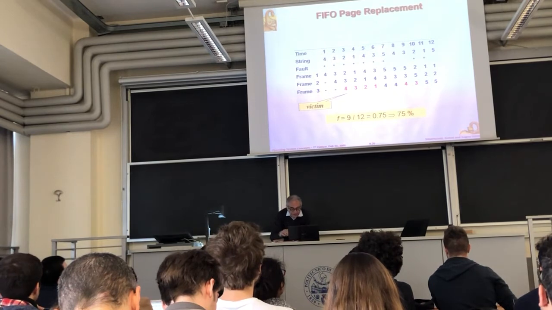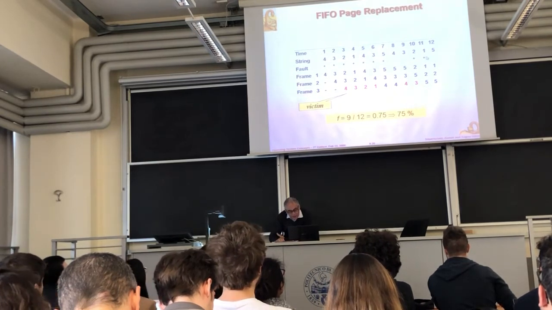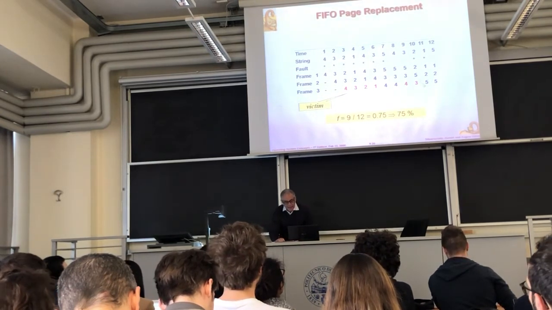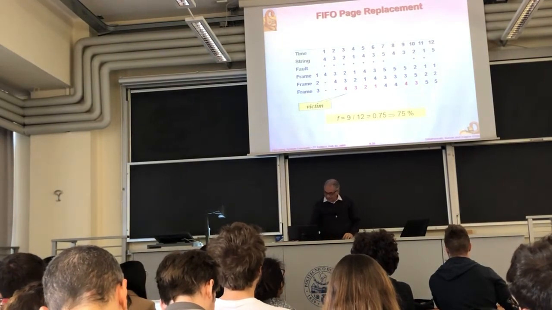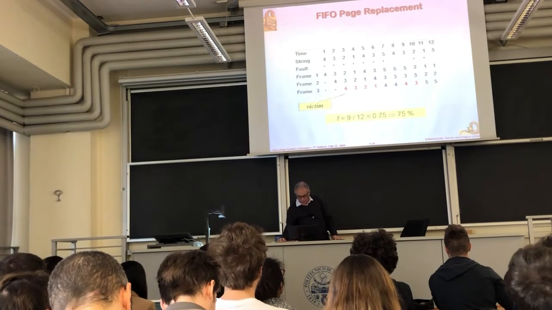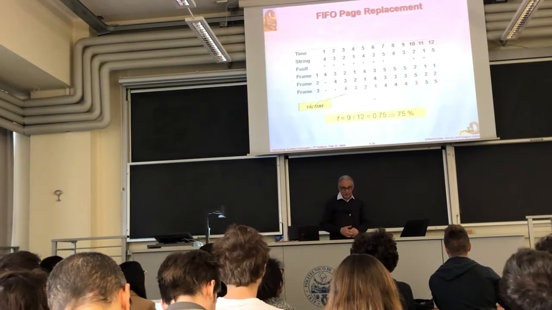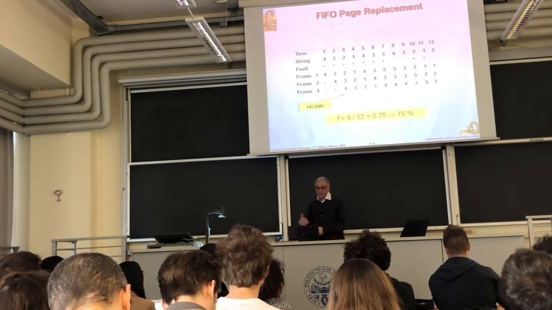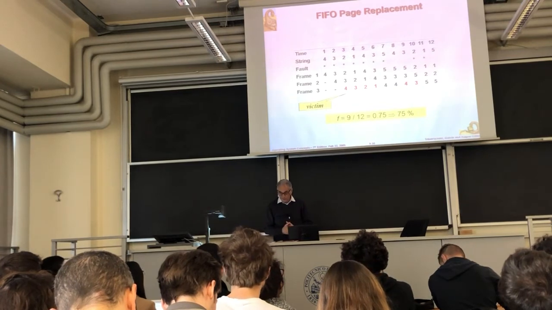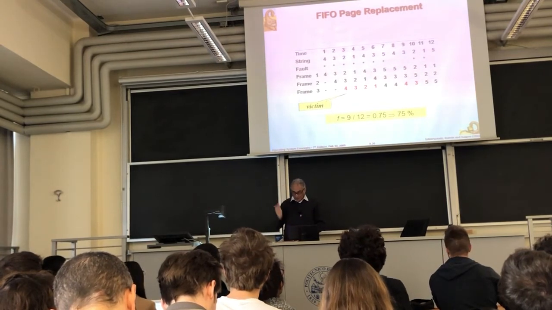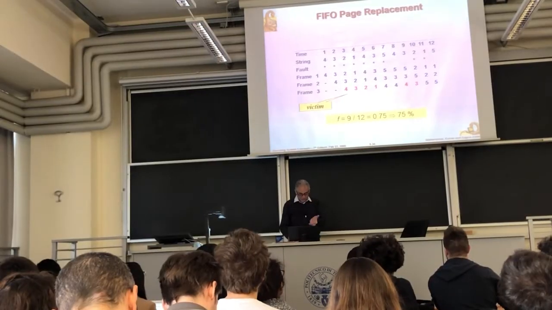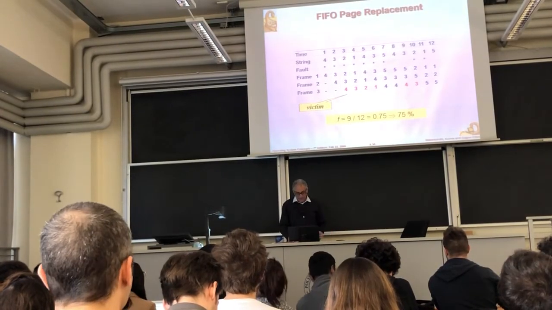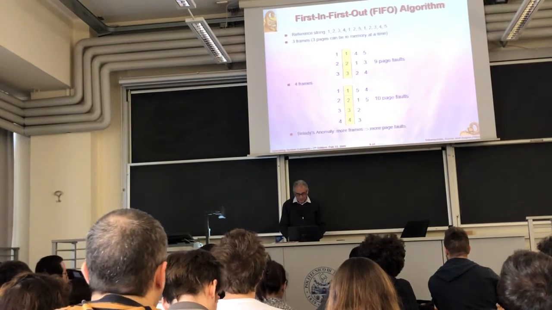Then there is another page fault and 3 is selected as a victim, and so on. So we have 9 page faults with respect to 12 references, 75% page faults. That would be enormous for a real program. As you know, this number is extremely low.